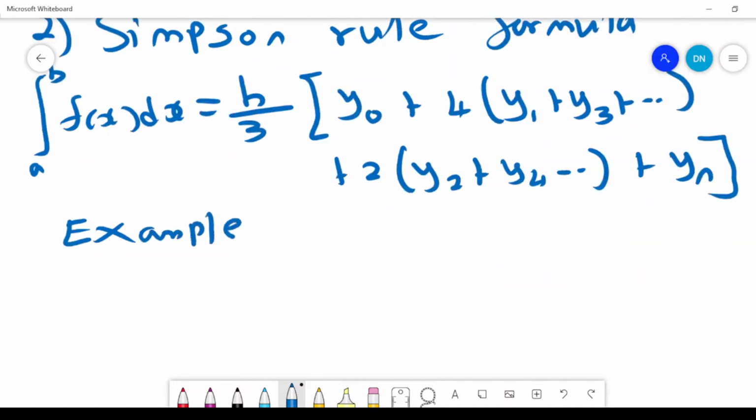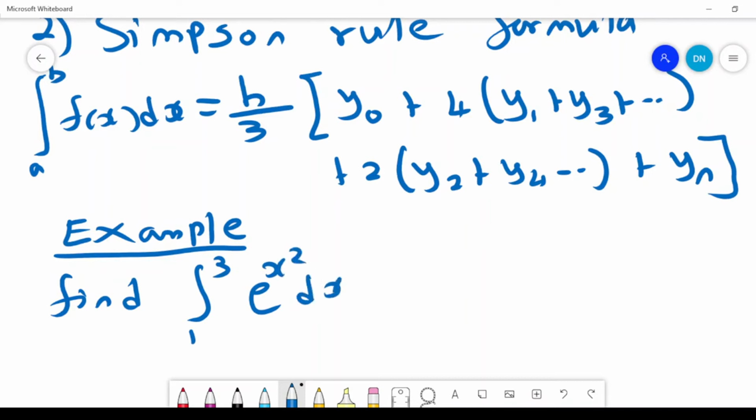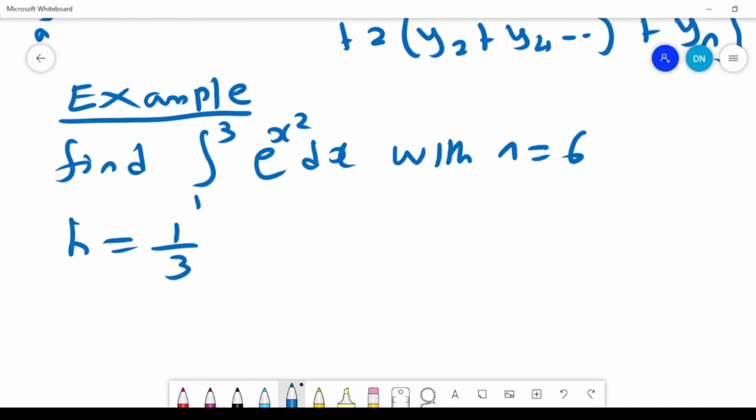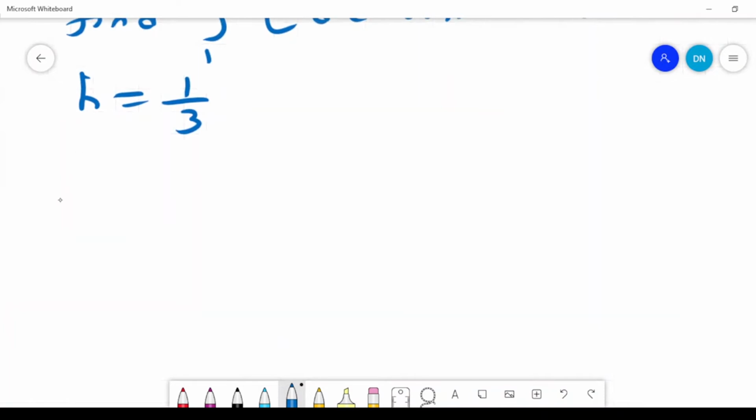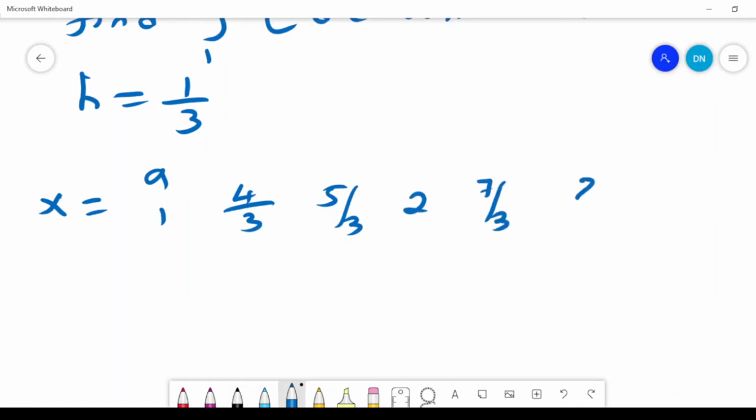Just a similar example, and we want to find the integral from 1 to 3 of e to the x squared dx with n equal to 6. We do that just as in the case of the trapezoidal rule. That's the first thing. But now there will be a few changes here and there because of the formula. So now we have our value of x. Our a is 1, then 4 over 3, 5 over 3, 2, 7 over 3, 8 over 3, 3.